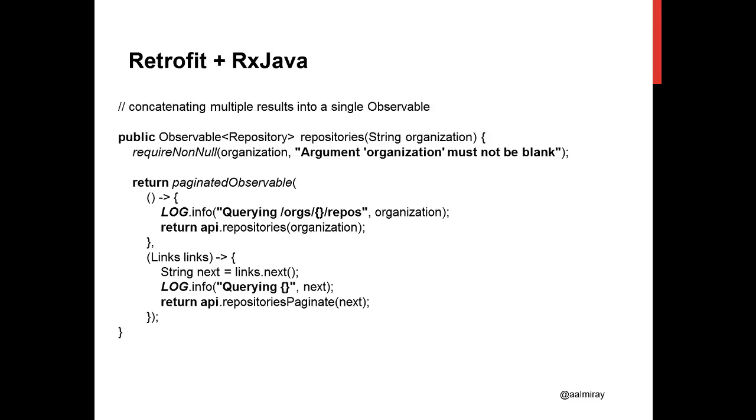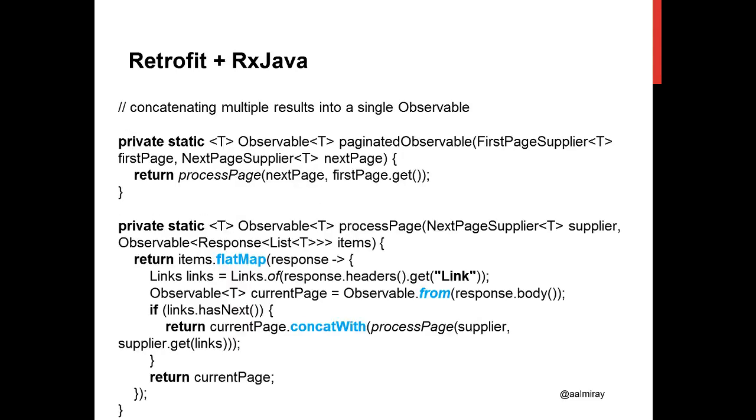Here's a very quick example. This is just plain code that has nothing to do with RxJava, but what we need to do is regenerate an observable of repositories. This is concatenating multiple pages. What I have highlighted here in blue are the different operations that RxJava allows you to use. For every page, we get an observable of list repository. We want to combine all pages into a single observable.